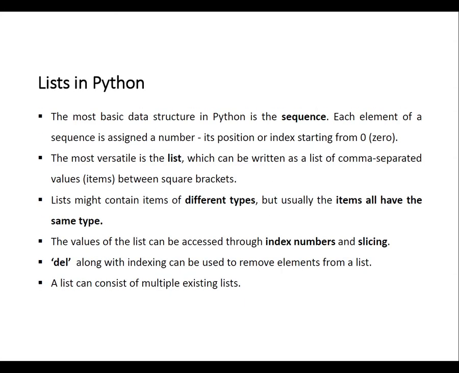Before I start with the list, let me brief you about something similar that you have studied in other languages. Just try to recollect. You have studied arrays in C, C++, or maybe Java. What is basically an array? An array is a container of similar type of values. That means, if you take an array of roll number, each and every element of the array is going to contain a number.